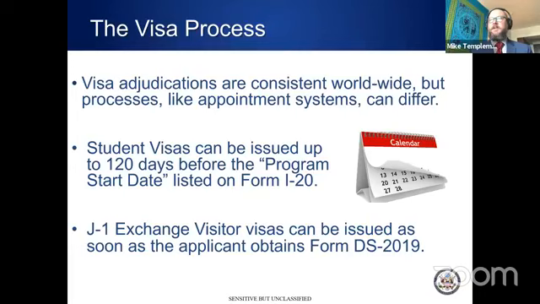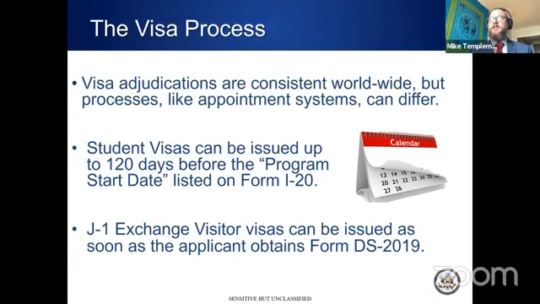If you're a J visa student, those actually can be issued as soon as you get what is known as the DS 2019 form. These are the two forms that most students hold. They either have an I-20 for the F visas, or they have a DS 2019. And in both cases, those forms will come directly from the program office that you're working with.